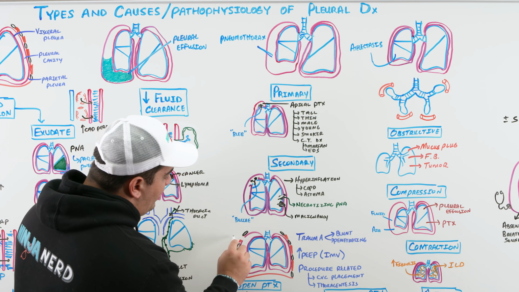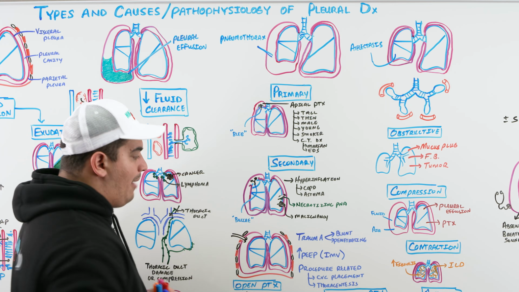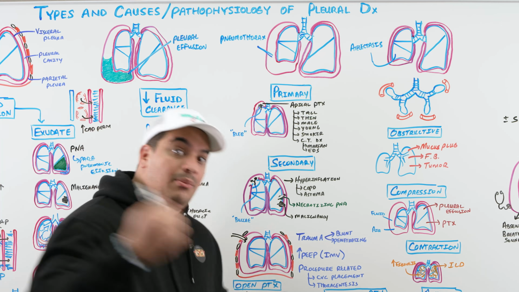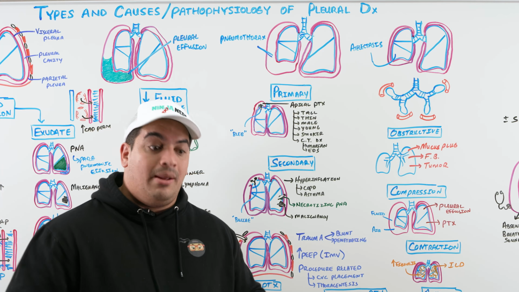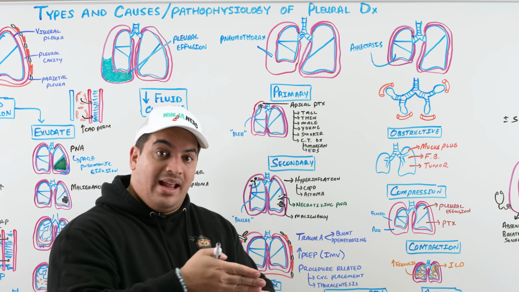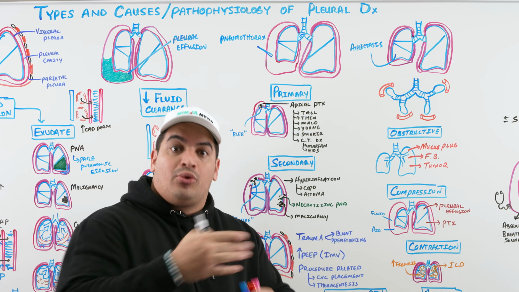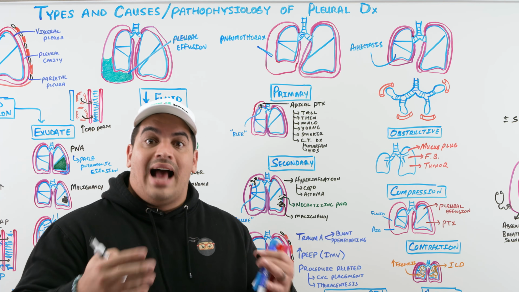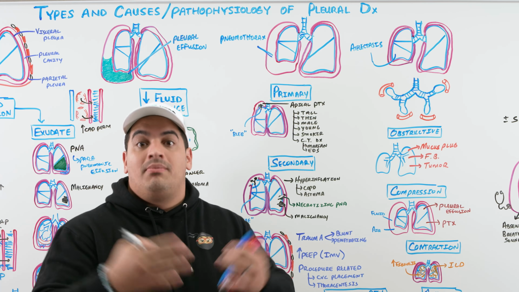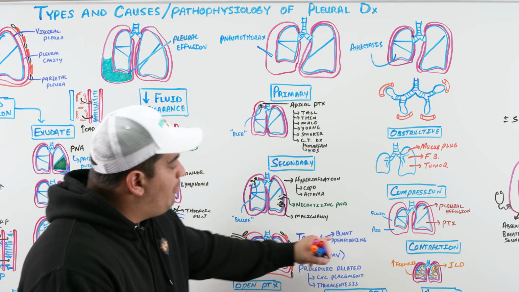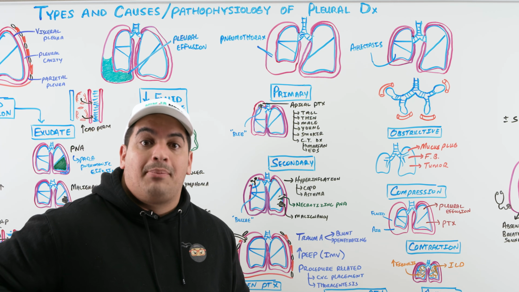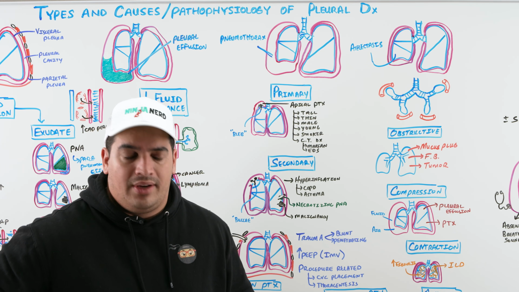Now I have an opportunity for air to be able to leak into that pleural cavity. If I hit them with a baseball bat, I break a rib, and that breaking of the rib is enough to be able to shear and rip through parts of the actual pleura, creating an opportunity for air to leak in. Boom, that's another issue. So any kind of blunt or penetrating trauma can create an opportunity for air to leak into the pleural cavity.